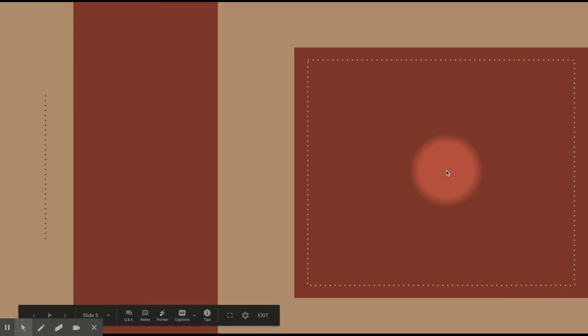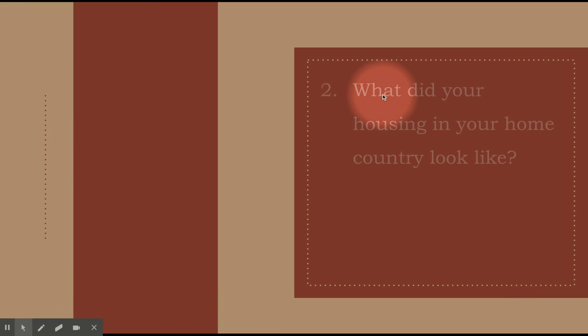Another question someone might ask you, question number 2. What did your housing in your home country look like? So what did it look like? When someone says, hey, what did it look like? You want to use adjectives.